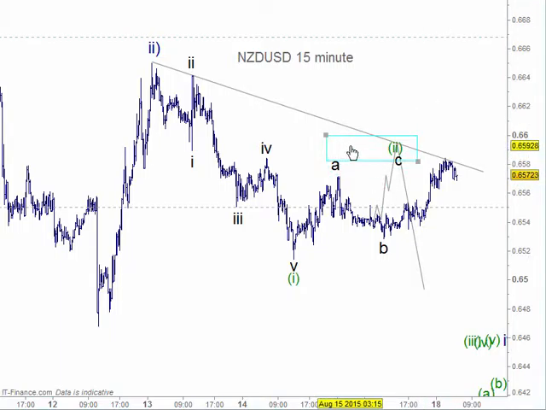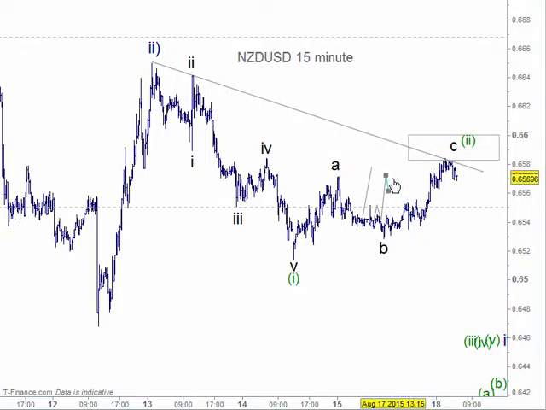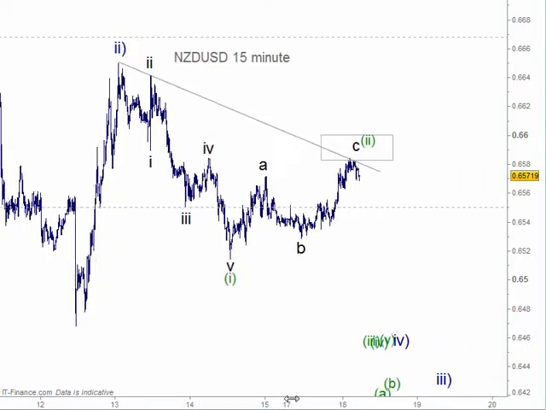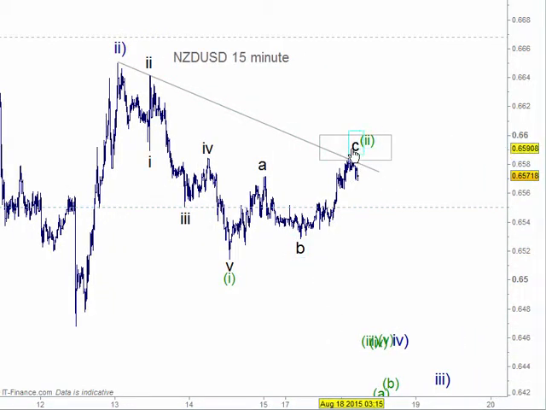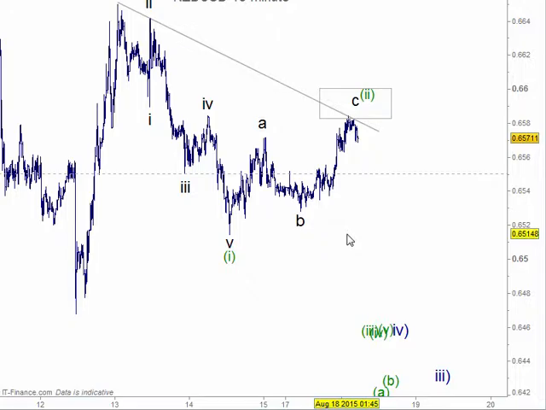We can shift that across a little bit and investigate this situation as well. So this wave C here should be in 5 waves coming up through here, and it's either completed or it's got one more little move.